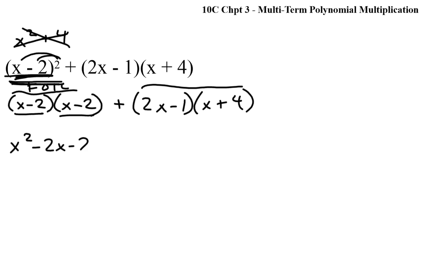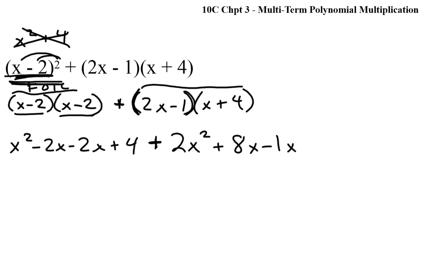And here's the answer. We're adding. So again, because it's addition, it's not going to change anything. I don't need to put all this in brackets at this point because an addition sign is just going to leave it the same. A subtraction sign would change it. FOIL here: 2x squared plus 8x minus 1x minus 4.